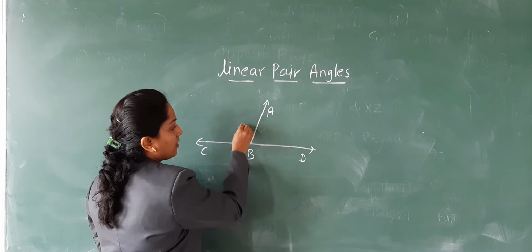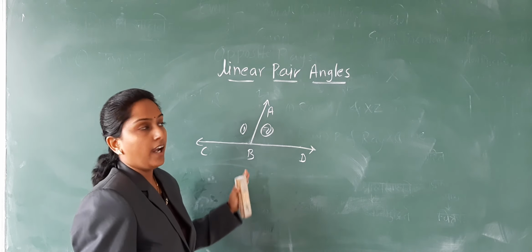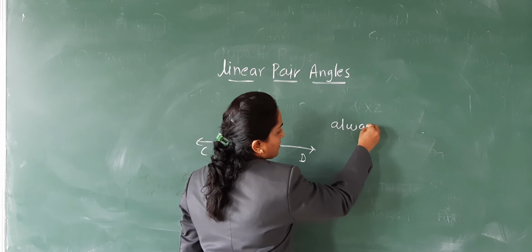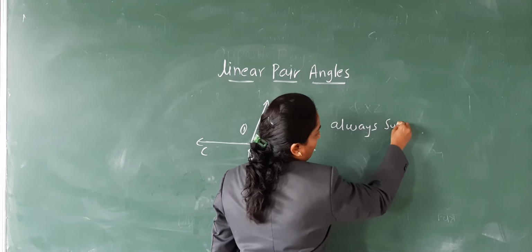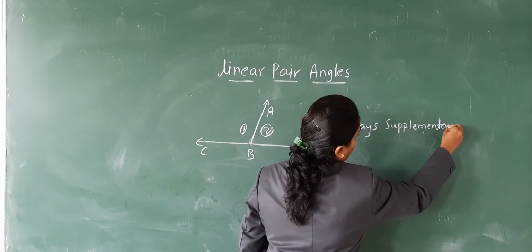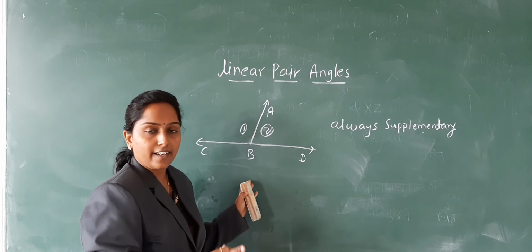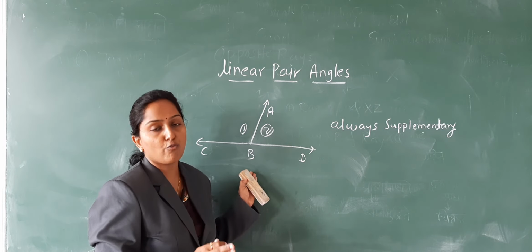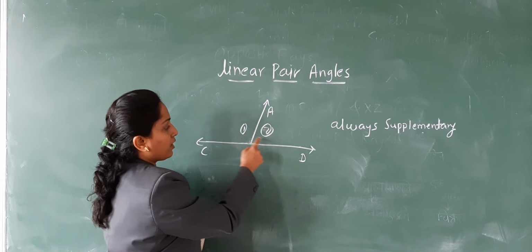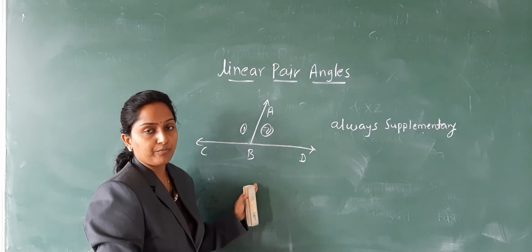That's why these two angles are called angles in a linear pair. And linear pair angles are always supplementary, because they make a straight line. A straight line means a straight angle, and a straight angle is always 180 degrees. Supplementary means 180 degrees. So the two angles in a linear pair are always supplementary.